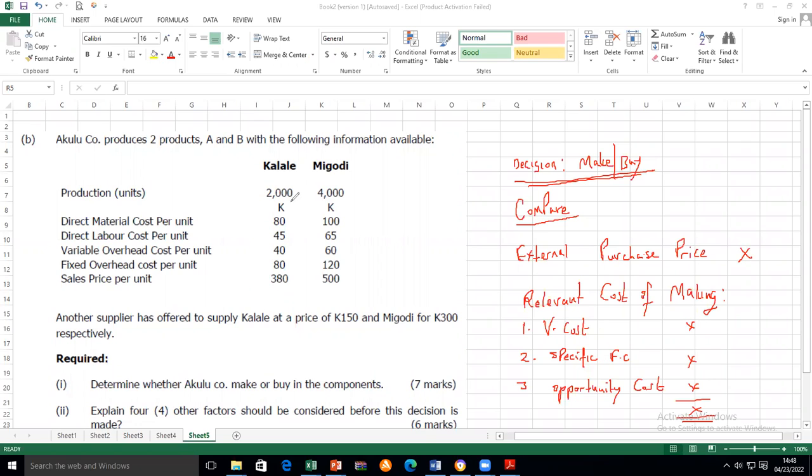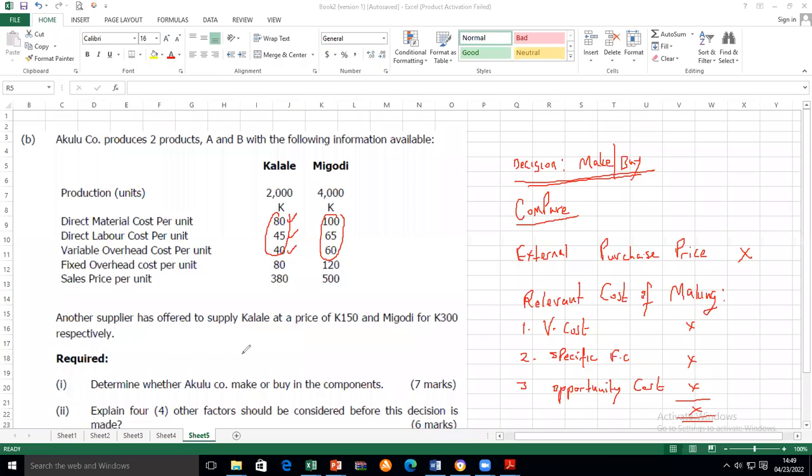So if you notice here, they have given us these two products, K and M. This one, the variable cost is that one, and that one. So that's a variable cost. Specific fixed costs have not been given, we are not told. Here I just said fixed overhead per unit. And then you've got these also.